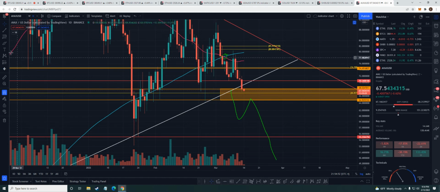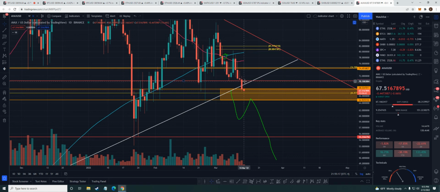Well, I want to see this next daily candle close back above this area, anywhere from the 69 to 70 area. Get a daily or a 12-hour closing out of that. Mainly a daily. I want to see a daily and then holding that on the next candle.